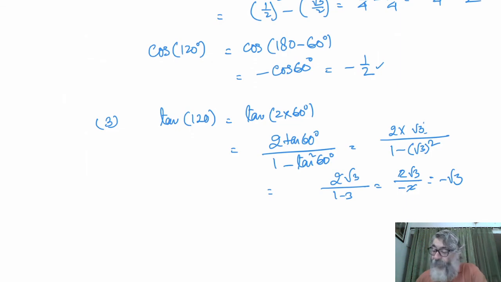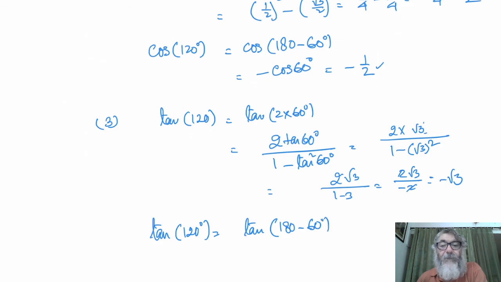Using supplementary angle, tan 120 degree can be written as tan 180 minus 60. Tan 180 minus 60 will become minus tan 60 and it will become minus root 3, which is the same as this.